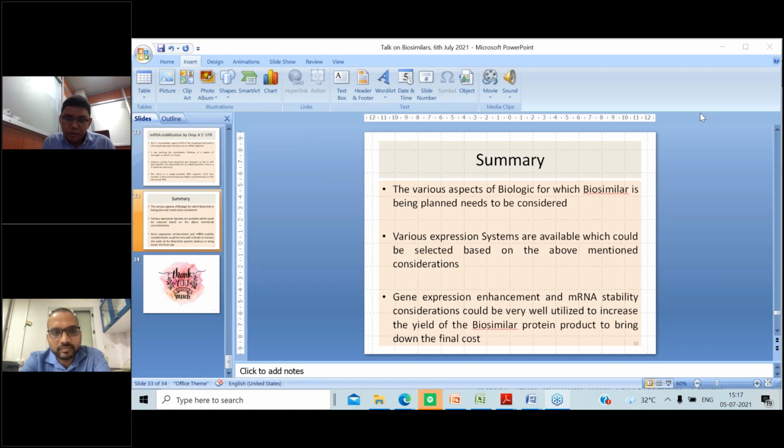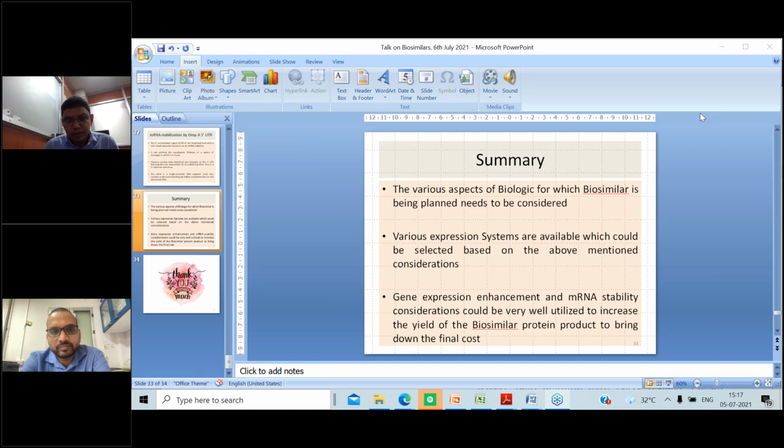A bacterial expression system has a lot of flexibility, so you can't pinpoint what particular vector the industry is using. There are lac promoter based vectors, T7 promoters, and very different types of bacterial promoters available, and similarly eukaryotic vectors are also there.